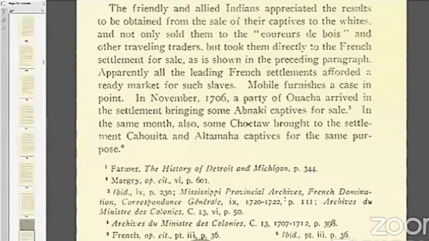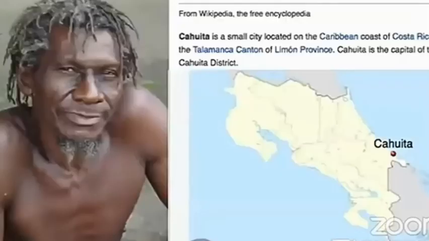All right, so everybody was in the game. That was the game at the time. Whether it was for survival or whatever, a lot of the tribes were doing it to each other. And it's interesting, this tribal name Kawita, because we got a town in our indigenous region called Talamanca, Costa Rica, called Kawita.